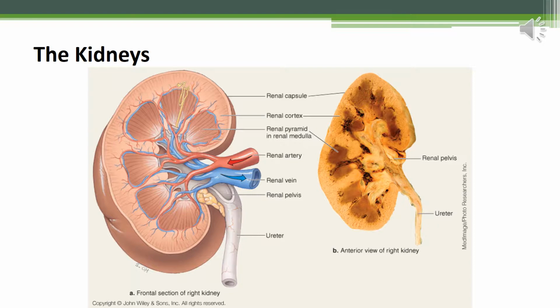You can also see where the renal artery feeds into the kidney and where the renal vein exits it. You can also see the renal pelvis, which is essentially where the ureters sit. And then you see the ureter, which goes down to the bladder.